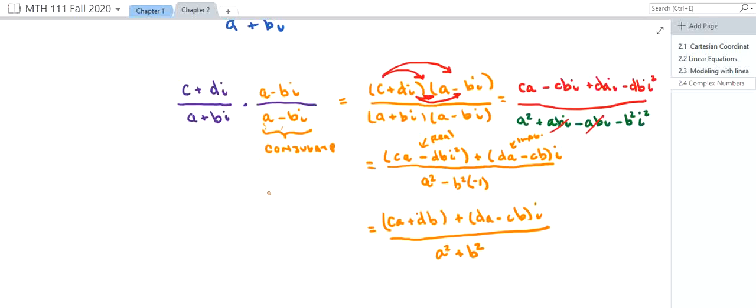So the complex conjugate, every imaginary number has a complex conjugate. Let's look at some complex conjugates for numbers. So you can always do this division.